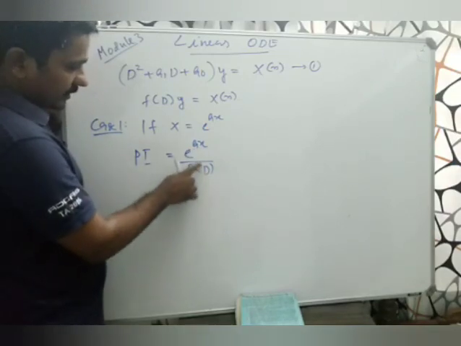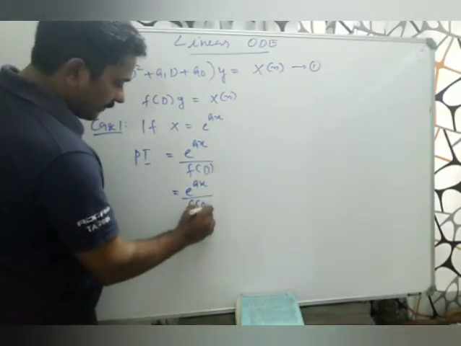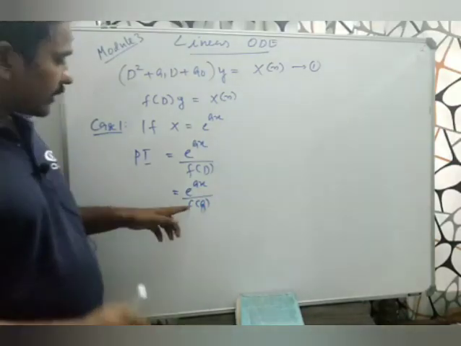So we get e to the power ax by f of a, and this is going to be the particular integral corresponding to e to the power ax.